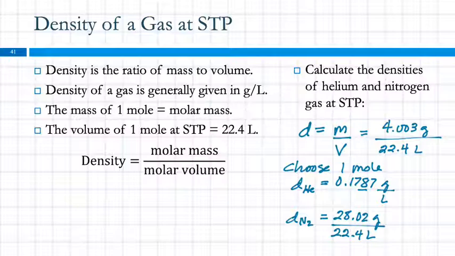So 28.02 divided by 22.4 is 1.2508 grams per liter. The densities are different. If I calculated the density of nitrogen atoms, it would be half as much as the nitrogen molecules.